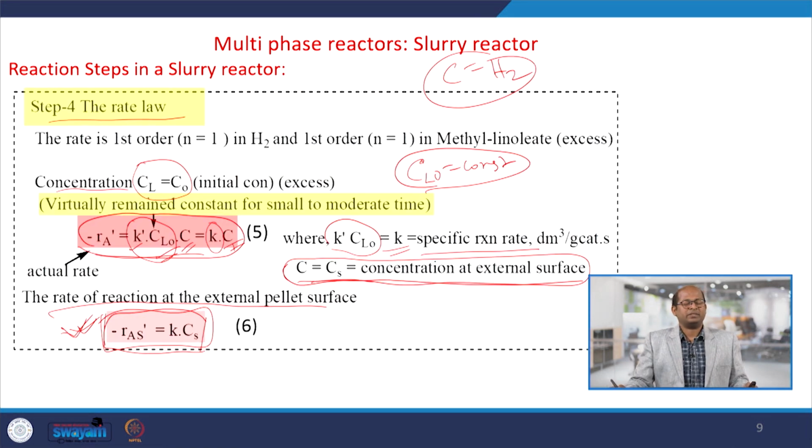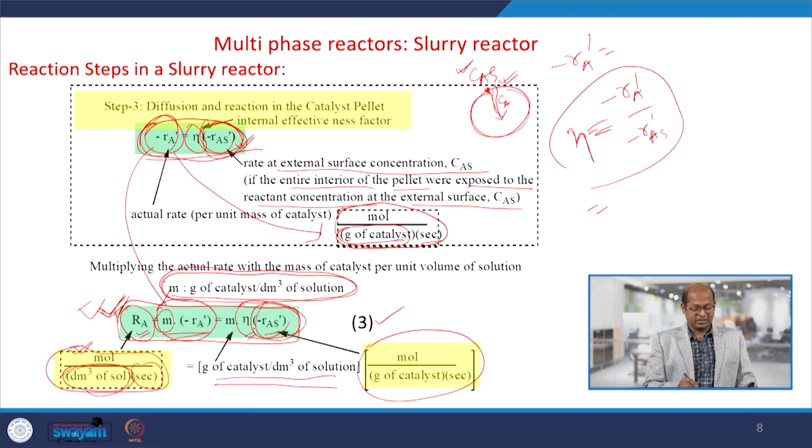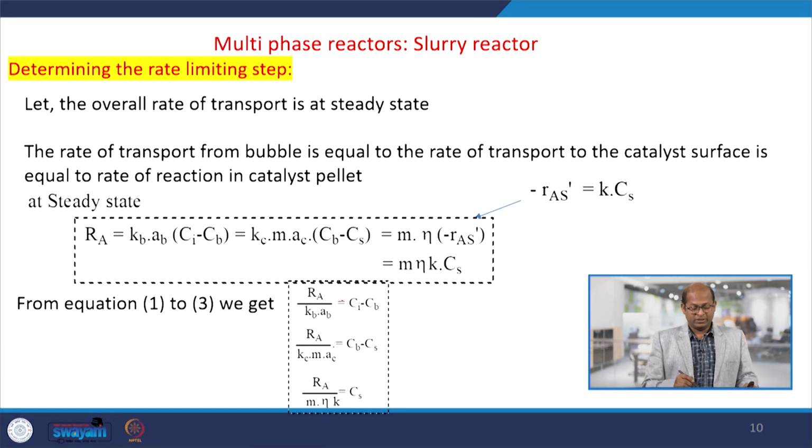Equation 6 gives minus RAS prime, the rate of reaction or disappearance of reactant component A at the external surface concentration, the rate of reaction at the external pellet surface, minus RAS prime equals k into Cs. We substitute this in equation 3.